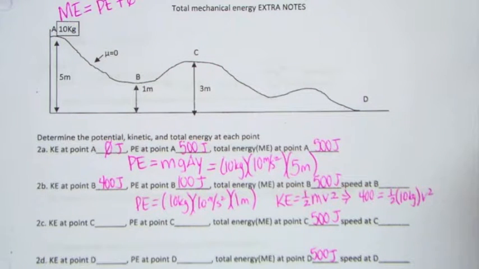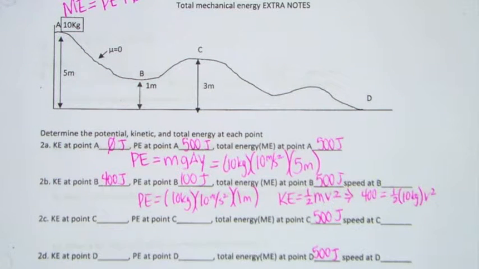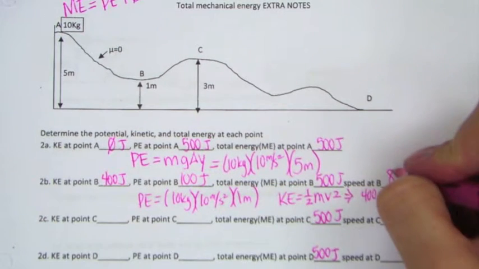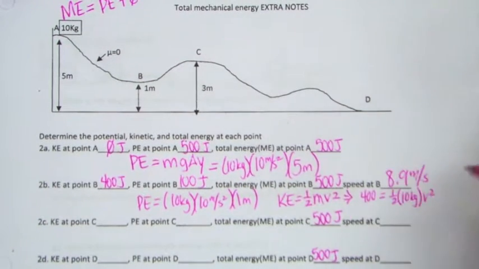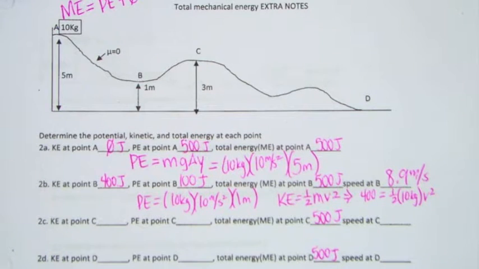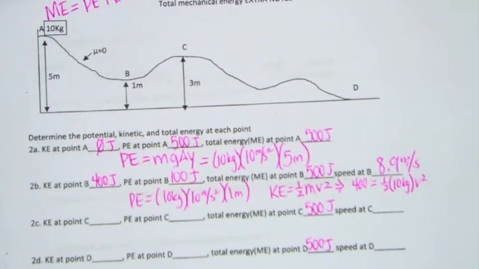Okay, with a little bit of algebra, we can find the speed, which is 8.9, rounded to the tenth place. Okay. Go through this process to solve for the rest of the missing variables.